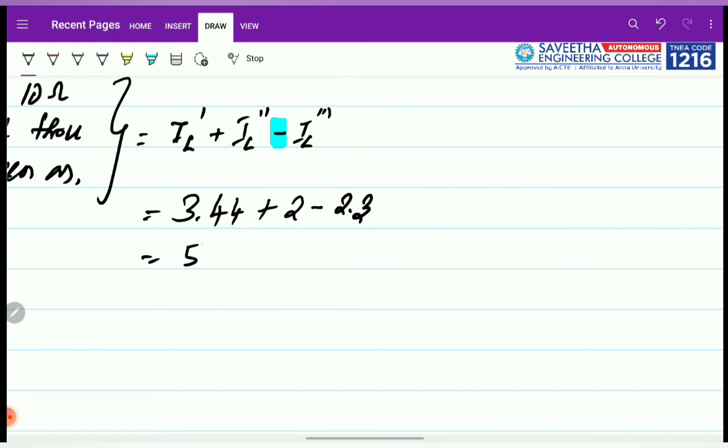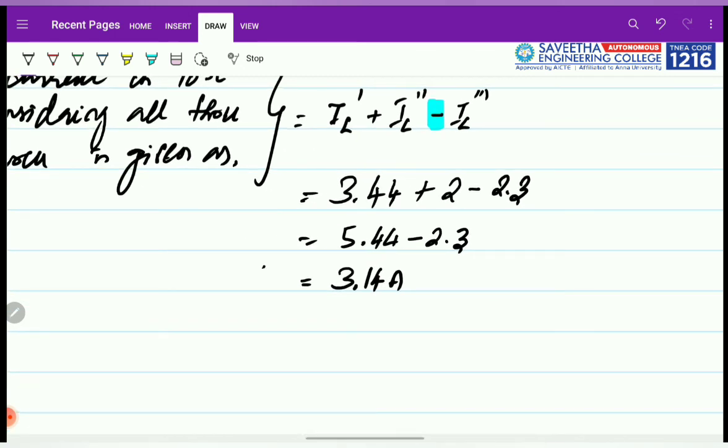So add this, you get 5.44 minus 2.3. So let us see exactly what value we are getting. We have 5.44 minus 2.3, which we get as 3.14. So 3.14 amperes is the actual load current which is going in the load resistance of 10 ohm.